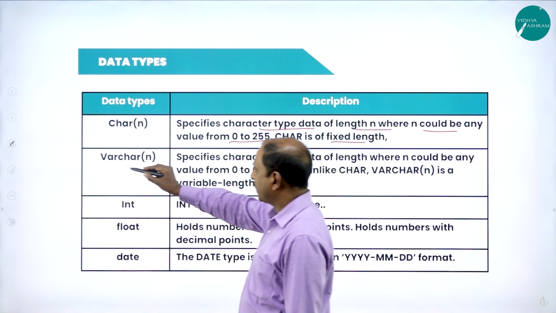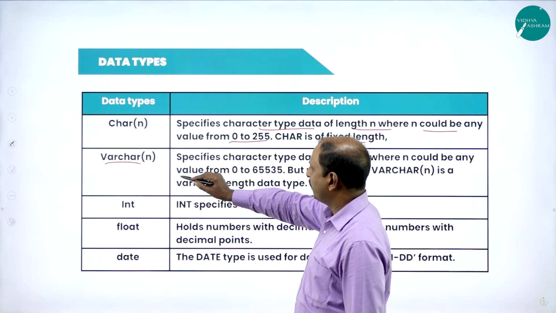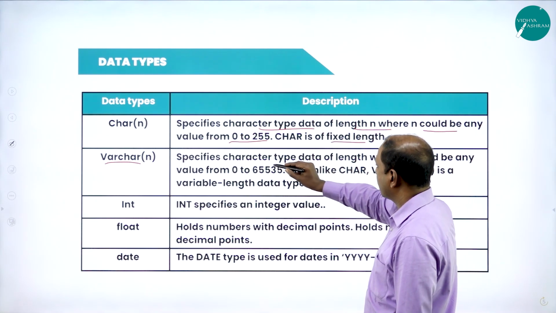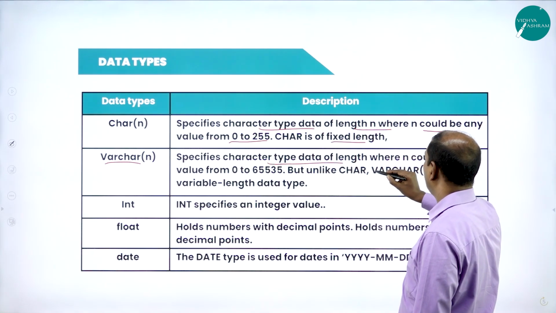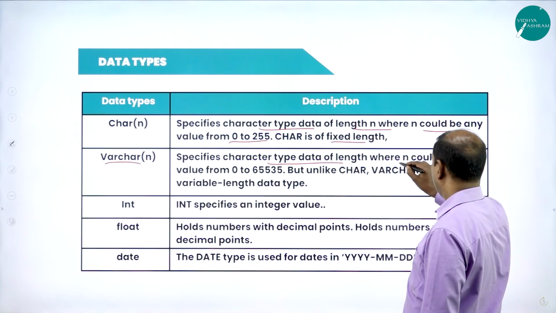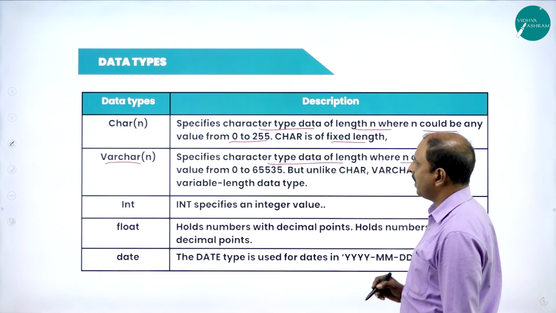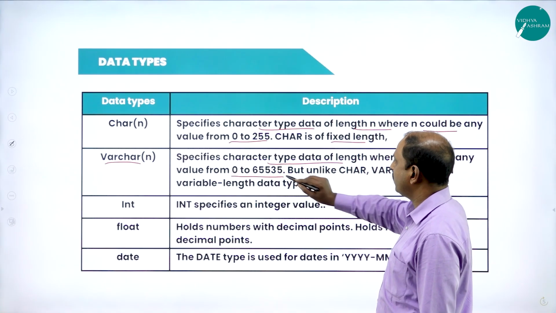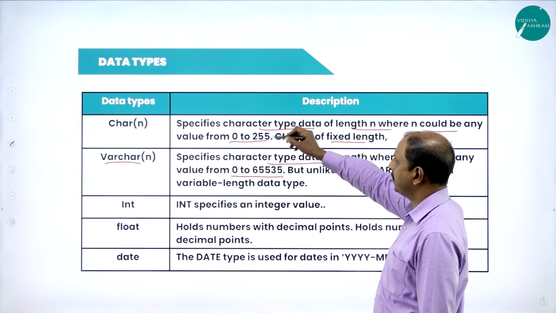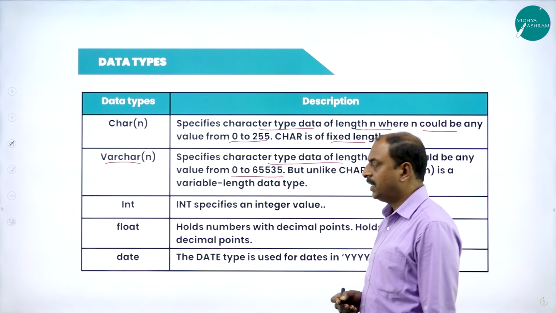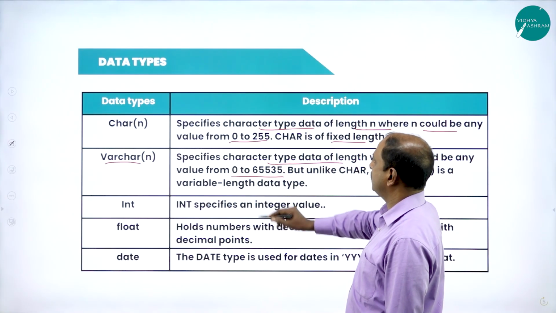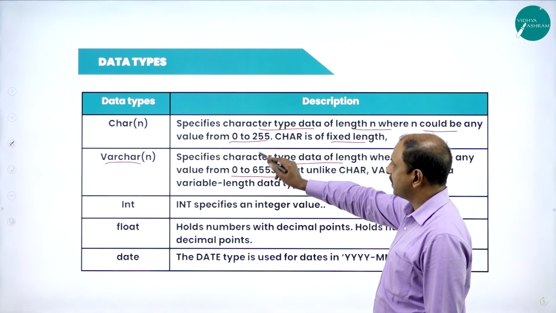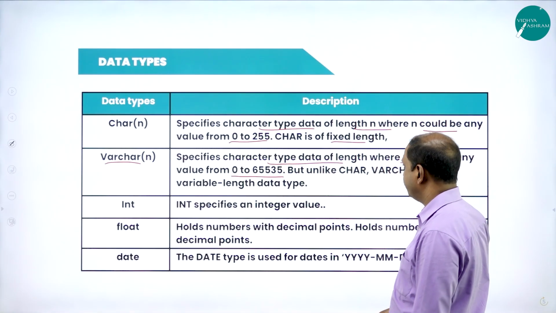Next one is varchar. In the bracket n is a parameter. It specifies character data type of length n, where n could be any value from 0 to 65535. Now look at the difference between these two data types, and look at the size. This is only 0 to 255, and varchar is large in size as compared to character.